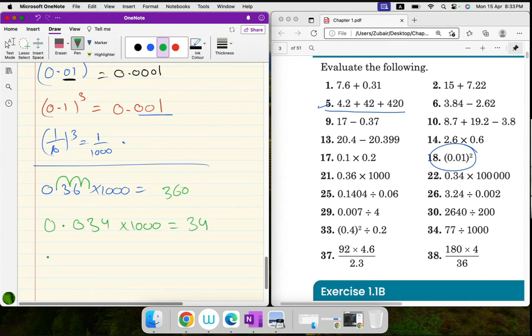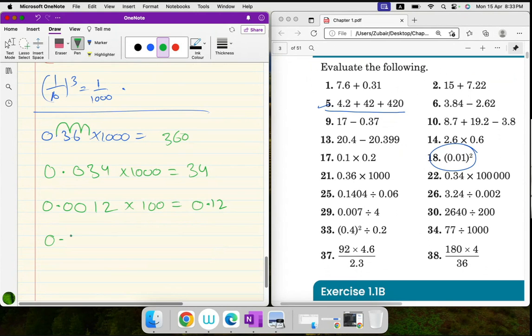Now try this: 0.0012 into 100. Sir, 0.12. Last one: 0.017 into 100. It will be 1.7. Yes, 1.7.